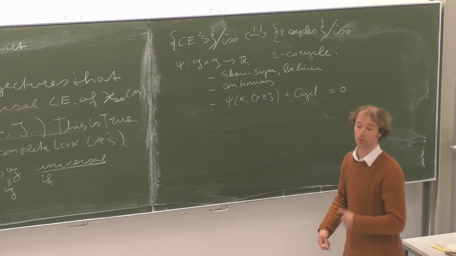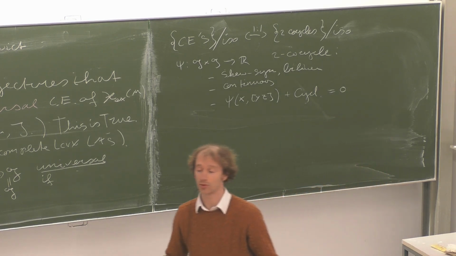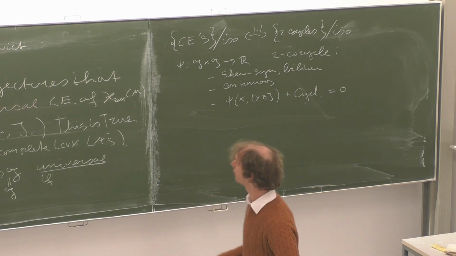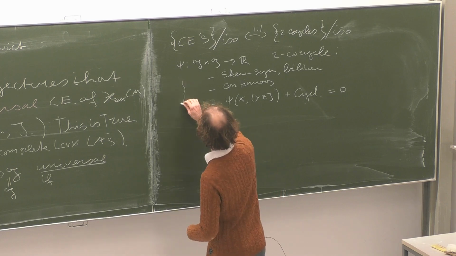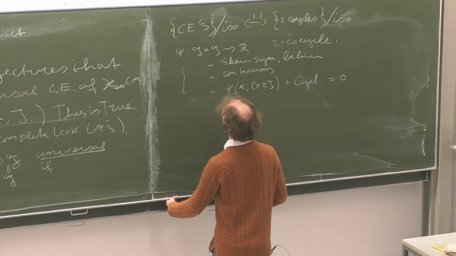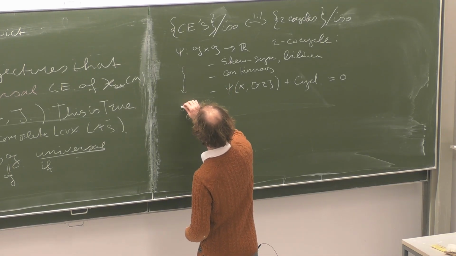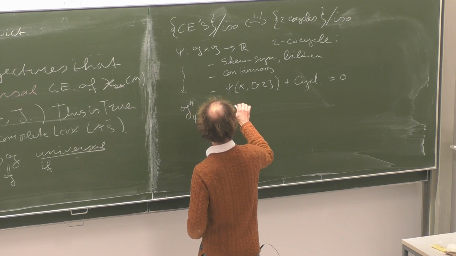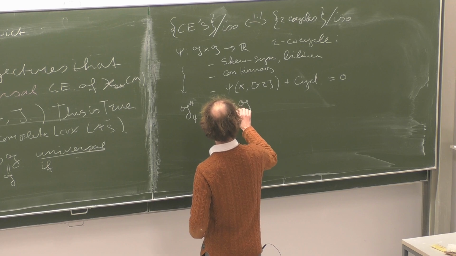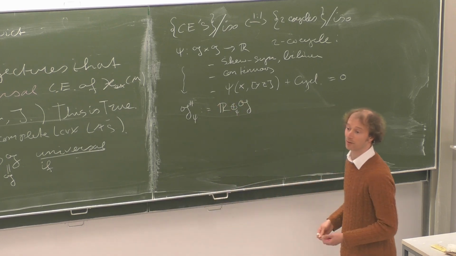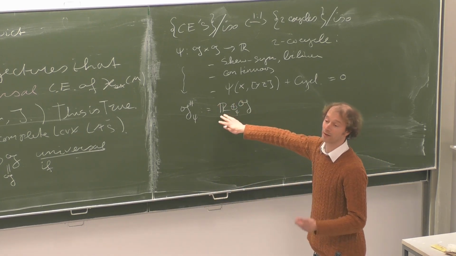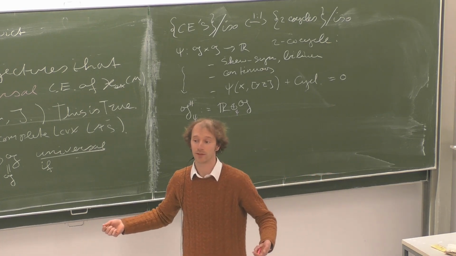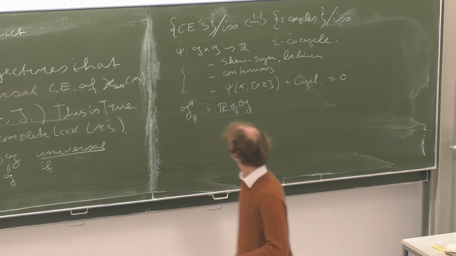So if you have such a two-cocycle, it's very easy to produce a central extension. Just take the direct sum of your Lie algebra and R as vector spaces, and you twist the Lie bracket with the cocycle.